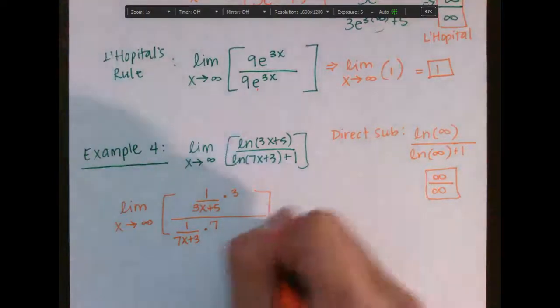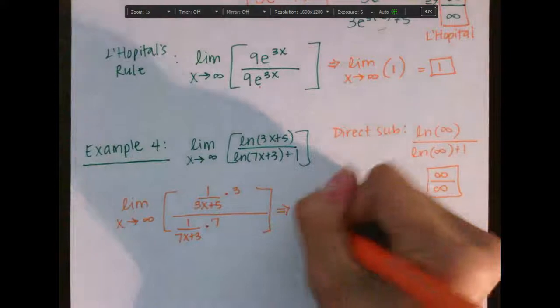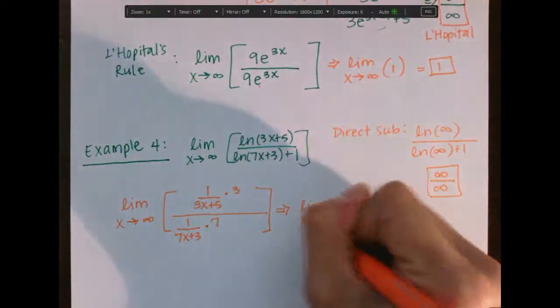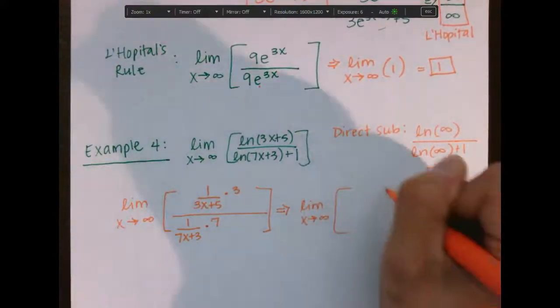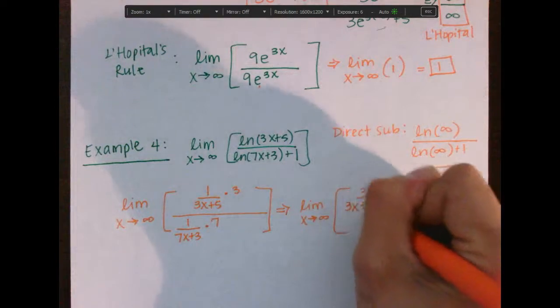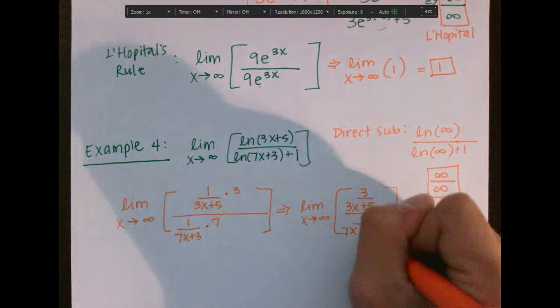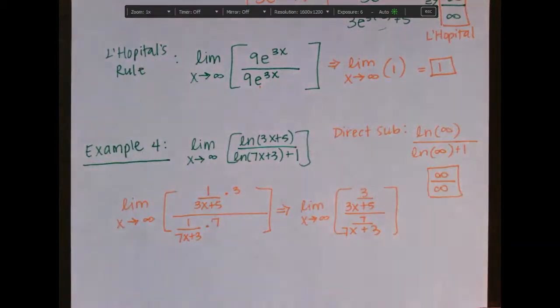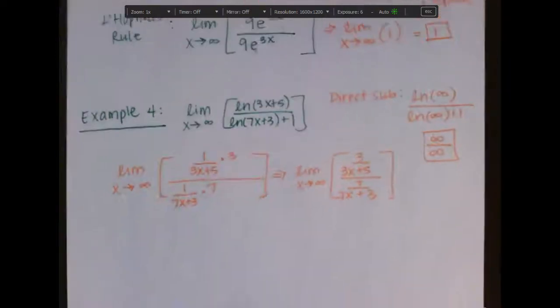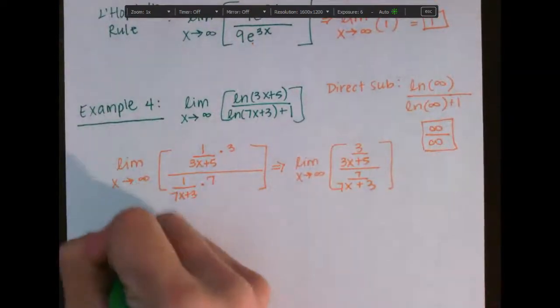So before I use direct substitution to evaluate this, I'm just going to rewrite it, clean it up a little bit. So I can write the 3 on the top of this fraction and the 7 on the top of this fraction. And whenever we have two fractions divided by each other, we can use the copy-flip process where we multiply by the reciprocal.